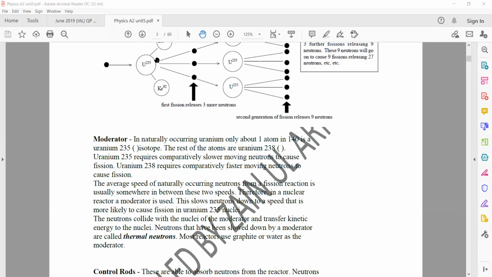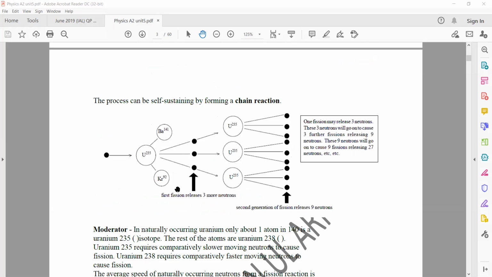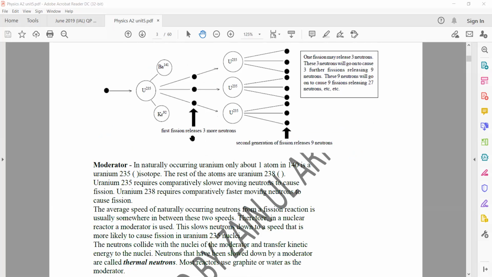And after that we have a control rod, because this should be a controlled fission. One fission releases only a small amount of energy, but if the process is multiplied, it will give a lot of energy. So it should be controlled.